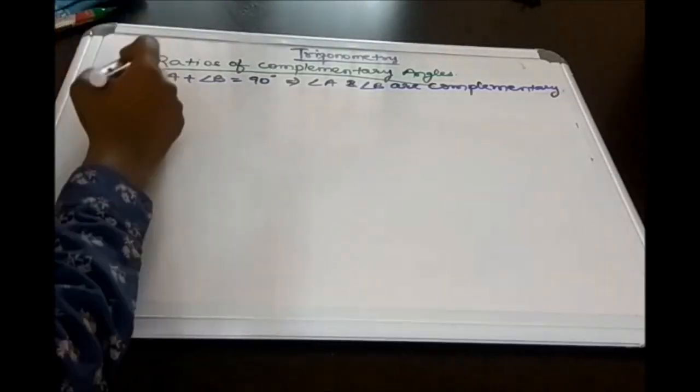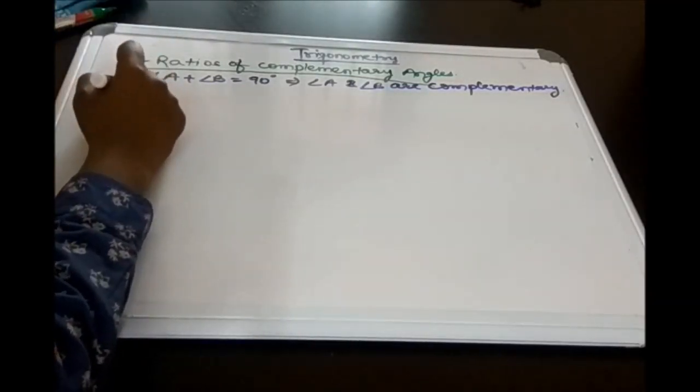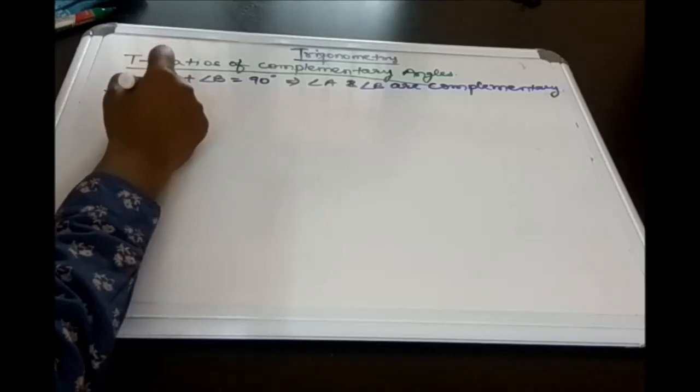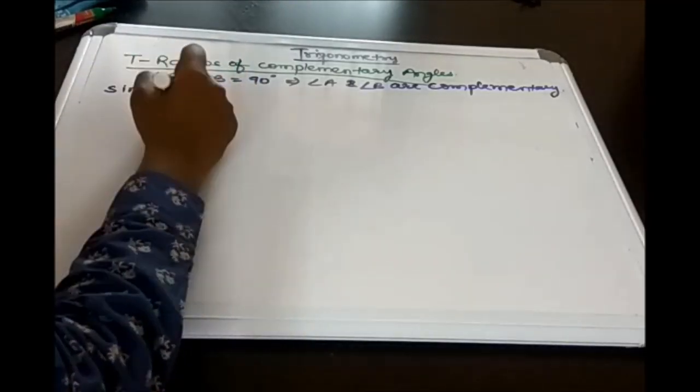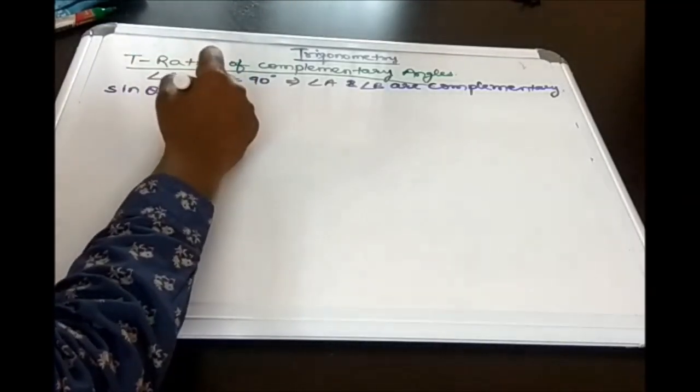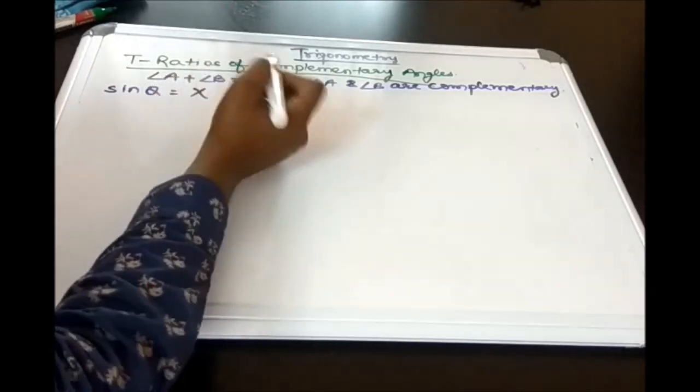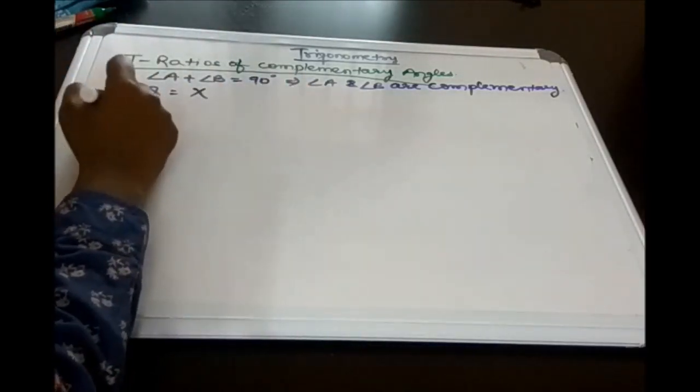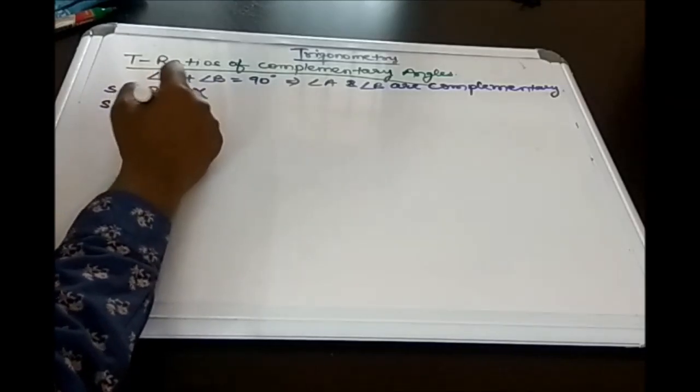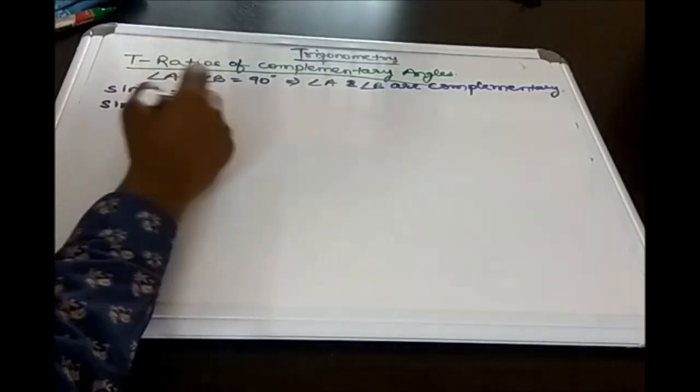So we have to find the trigonometric ratio of complementary angles. And why is it actually required? Suppose you know the value of sine theta. Somebody asks you, sine theta is some value, suppose sine theta is x. Somebody asks you to find the value of sine 90 minus theta.